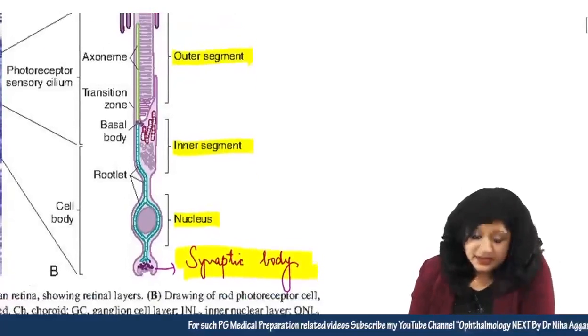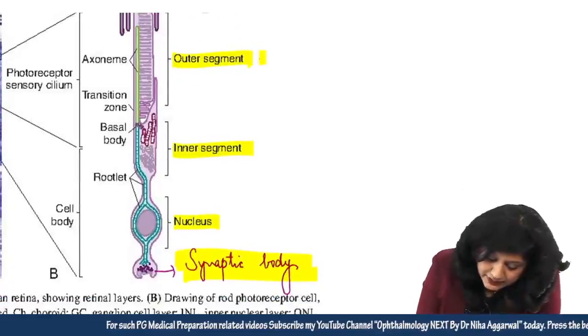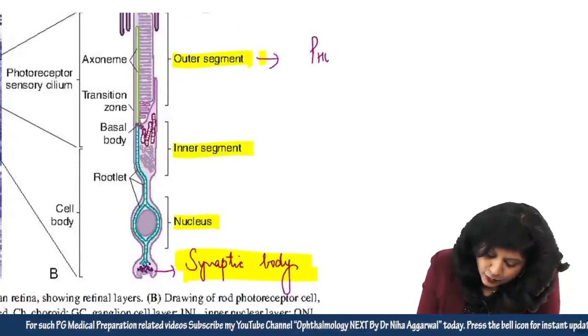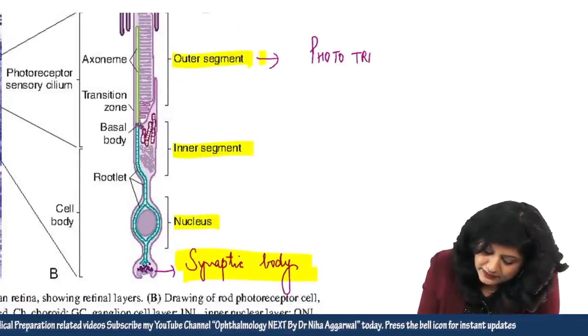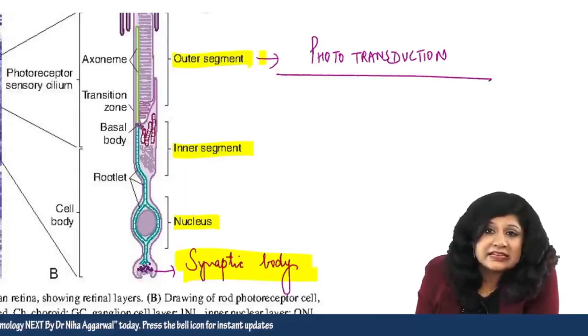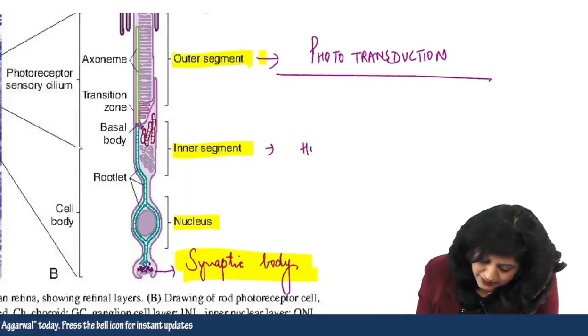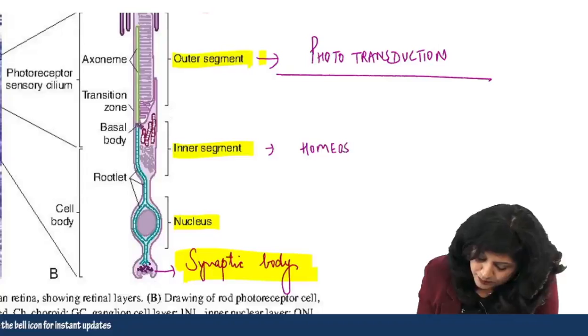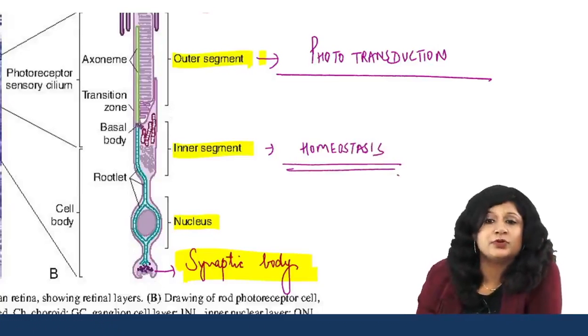So it is in this outer segment that we will have the phototransduction. In the inner segment, we will have the maintenance of homeostasis.